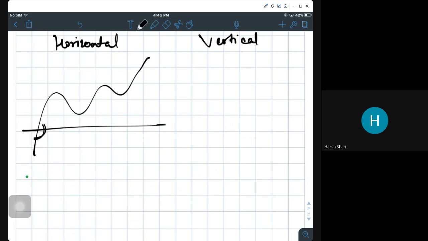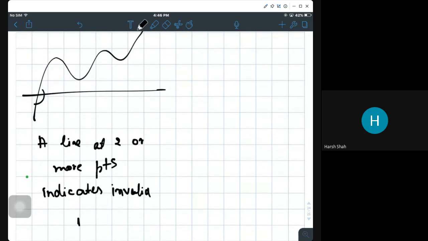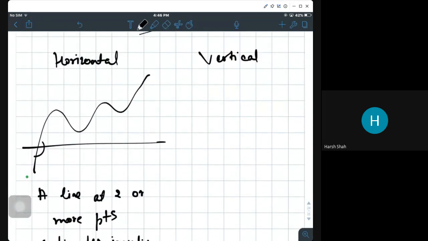But if it meets at two or more points, that indicates an invalid function, right? So if you want to test whether this function is valid or not, do a horizontal line test. If you see anywhere it is touching at more than one point, that means it is an invalid function.